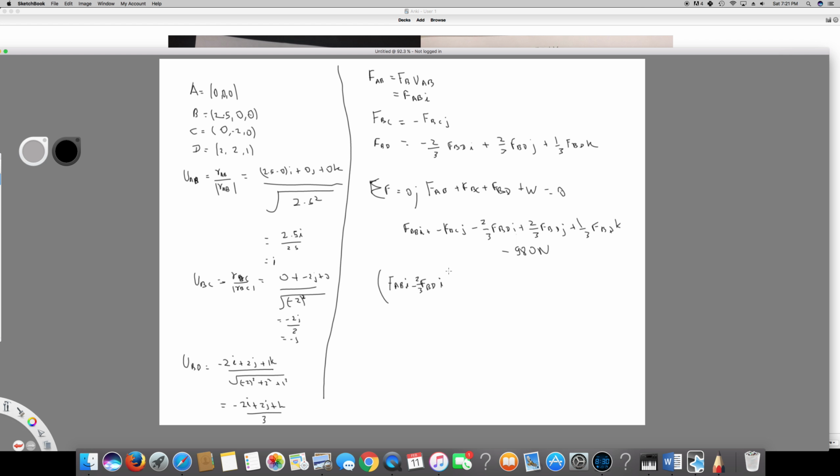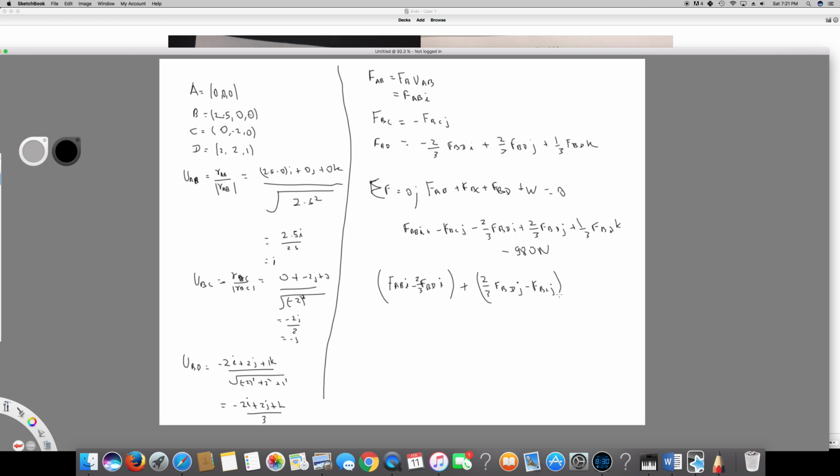Then I'm going to add the J: here 2 over 3 FBDJ minus FBCJ.